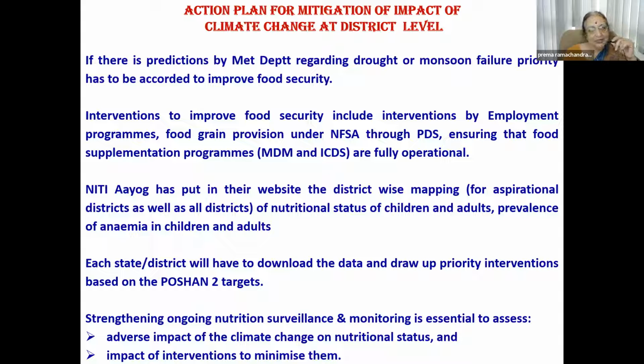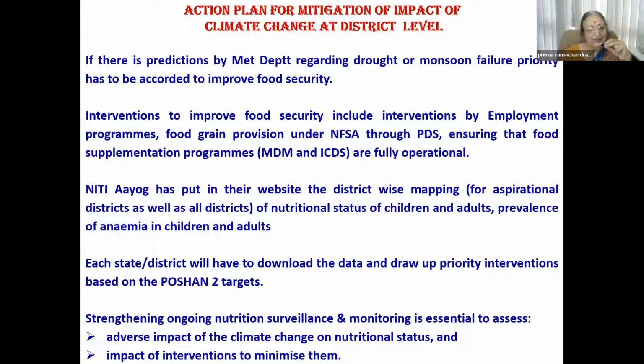Request the Met Department for predictions for the identified small districts which have high undernutrition rates. Also talk about better implementation of NFSA, MDM and ICDS in districts where there are high undernutrition rates. Increasingly persuade everybody to use Niti Aayog's website district mapping, not only for aspirational districts, but for all districts, to assess nutritional status of children and adults and prevalence of anemia in children and adults, and focus their interventions.